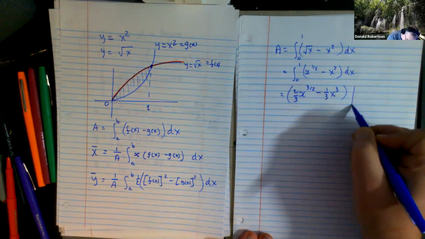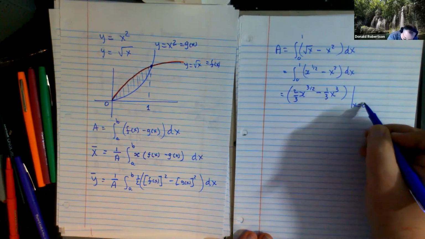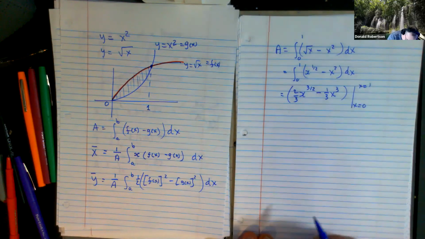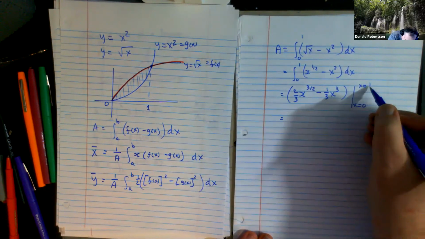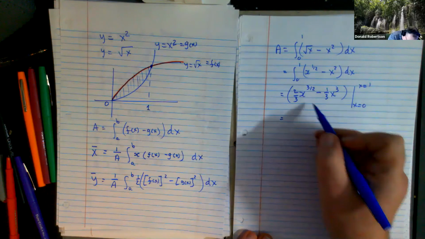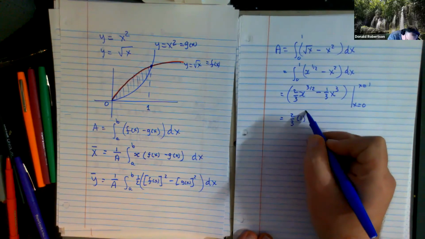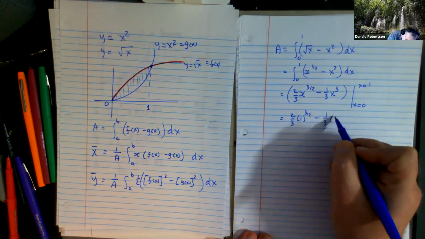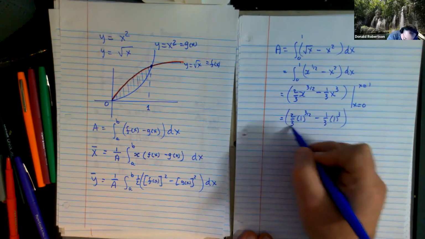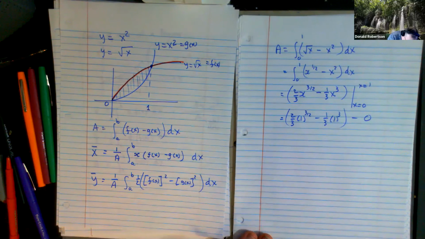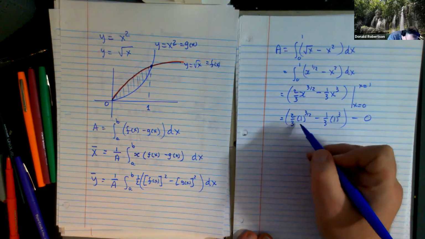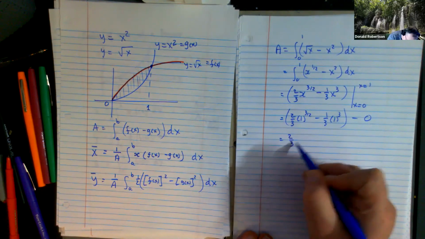And evaluate from x equals 0 to x equals 1. In this case, because the number's 1, I don't need to be too clever about making that look pretty. It's 2/3 times 1, take away 1/3 times 1 cubed, minus a whole load of zeros. And 1 to the power of 3/2 is still 1, so you get 2/3 take away 1/3.